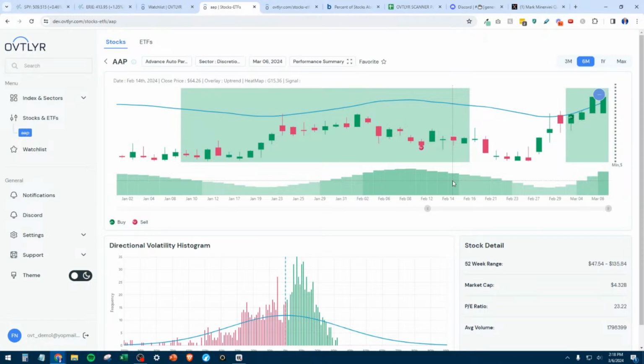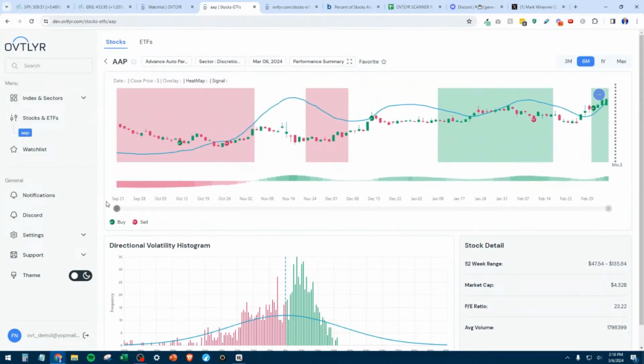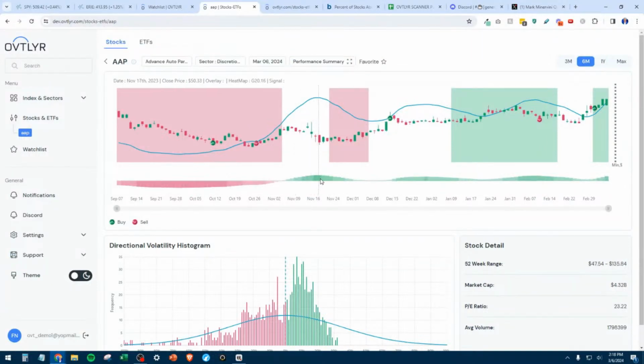So G15 to G20 is this shade, G10 to G15 is this shade, G5 to G10 is this shade, and it goes from 0 to 50. There'll be red all the way up to 50 and green all the way up to 50, so that should have everything you'd want to know right there.